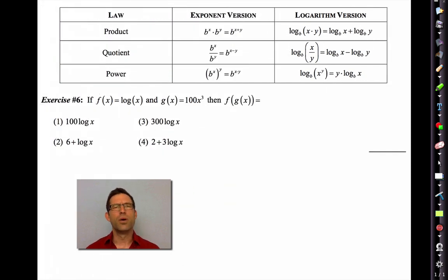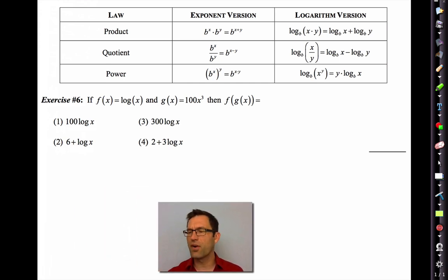Oh boy. If f of x equals log x and g of x equals 100x cubed, then f of g of x equals what? So now we have function composition. It's been a little while since we've seen composition. But we want to try to figure out what this is equal to.